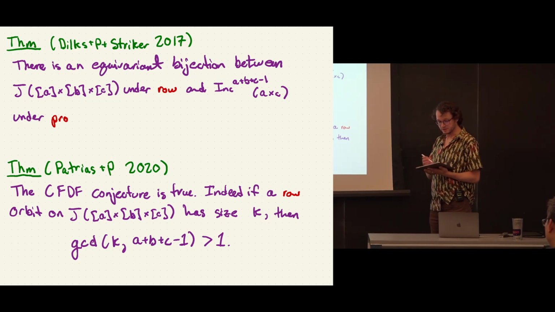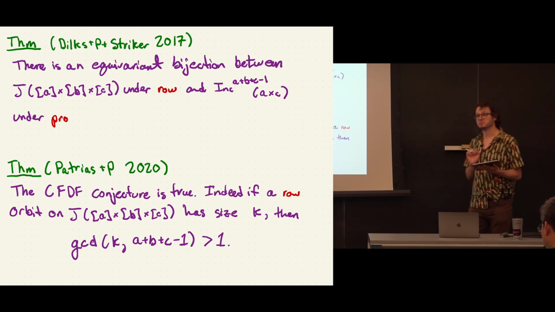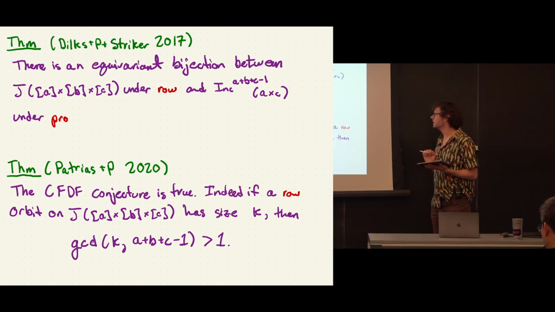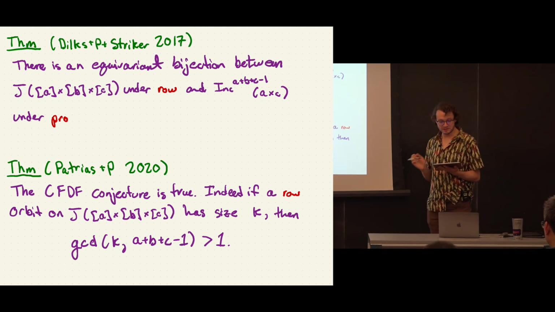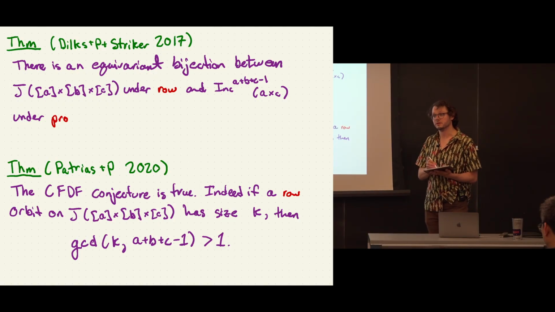In fact, there's a bijection between increasing tableaux and these downward closed sets in this product of 3 chains. And the obvious bijection is not the one you want. You want a less obvious bijection between these 2 sets. And if you do that, it will exactly take the promotion operation on one side to the row motion operation on the other side.